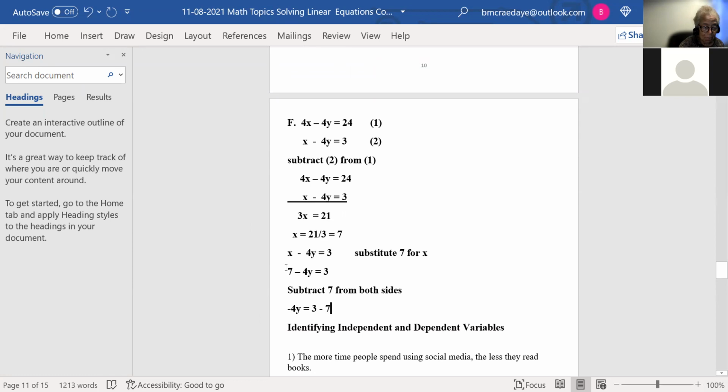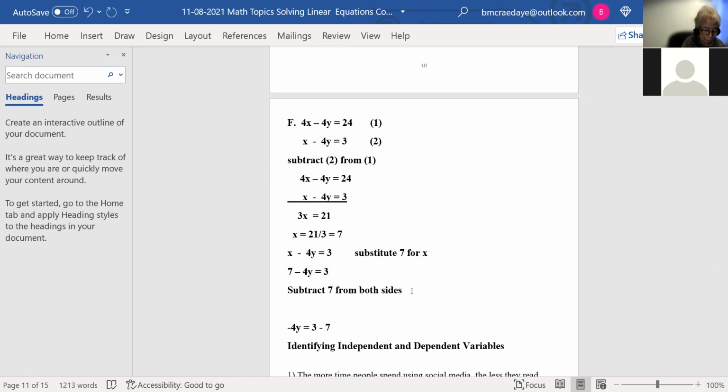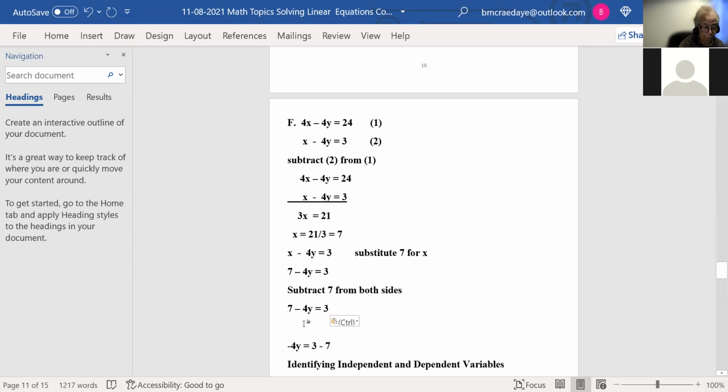Let me just put what we did here. So we subtract 7 from both sides, minus 7. And like you said, 0, and then minus 7 here. So 7 minus 7 is 0. So we get 0 minus 4y.